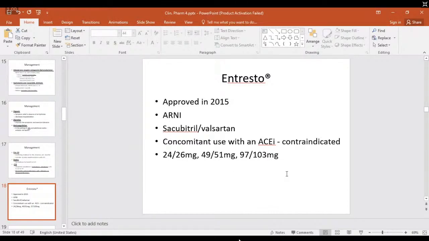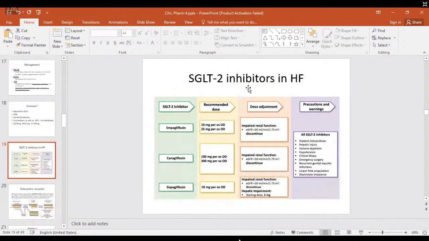Interesting dose combinations. And it is indicated in patients with reduced ejection fraction mostly. Unfortunately, it wasn't shown to be as effective in patients with a preserved ejection fraction, but it is highly effective in those with a reduced ejection fraction.